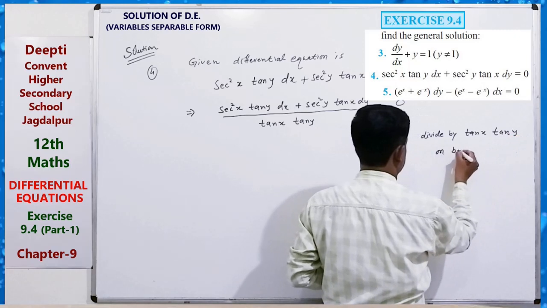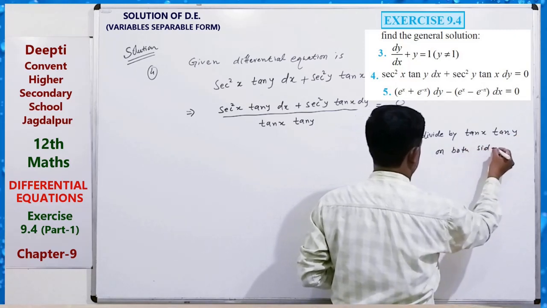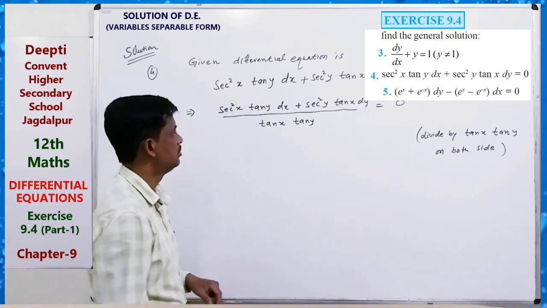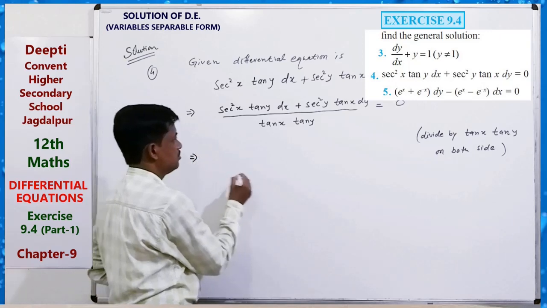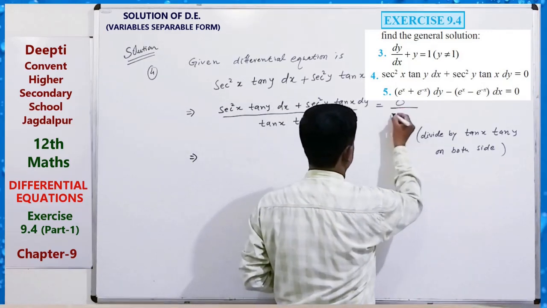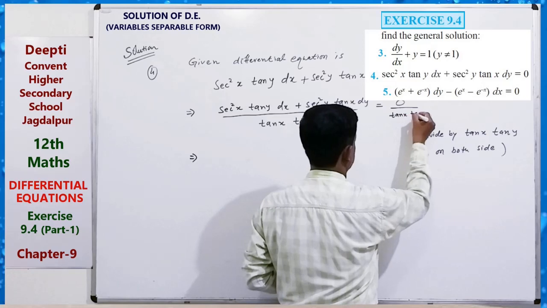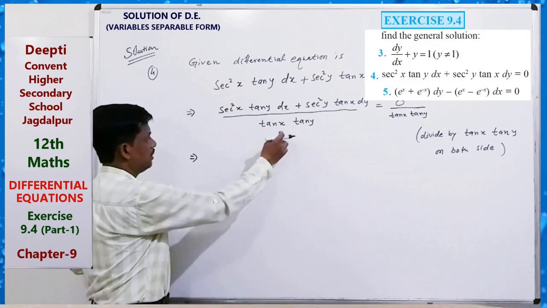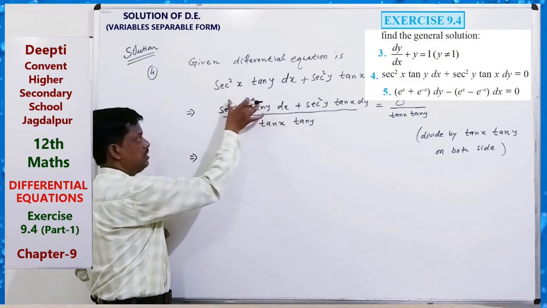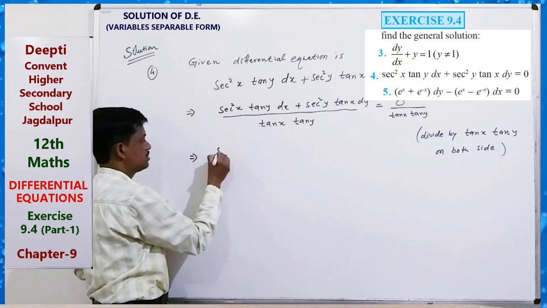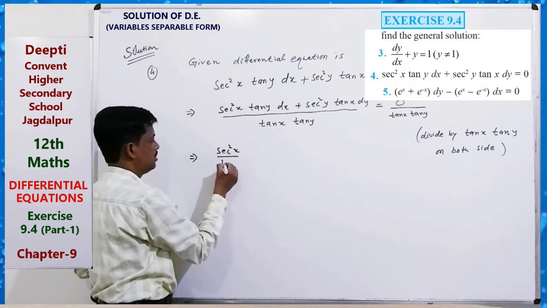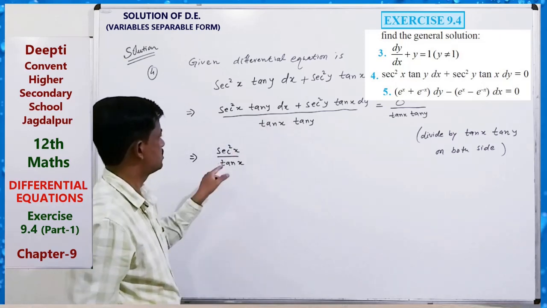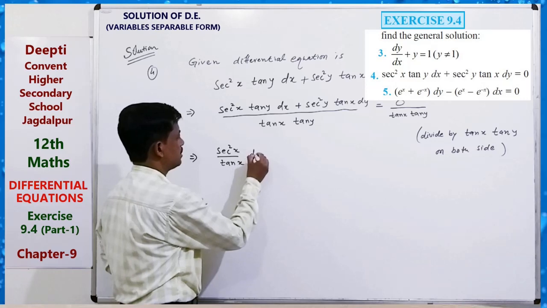So finally this equals 0. Here this is distributed: tan y cancels, leaving sec square x by tan x dx.